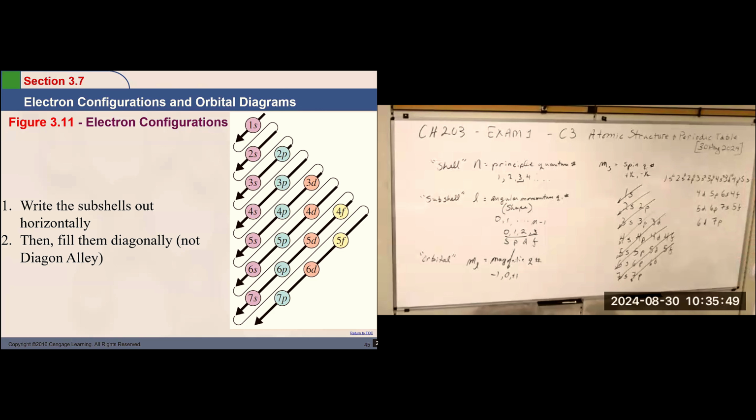So what element is this if it's neutral? Right? 2, 4, 10. 2, 4, 10 is 20, 30, 33. 33 electrons, which means 33 protons. That would be arsenic. Okay, that would be the electronic structure of arsenic up to there.